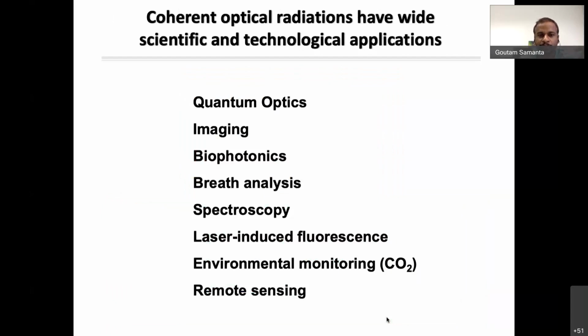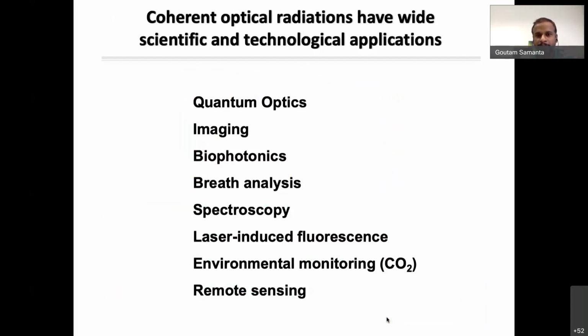Those wavelengths are widely used or of paramount interest for various experimental fields like quantum optics, which is an emerging field at this moment, and imaging, biophotonics, you name it.